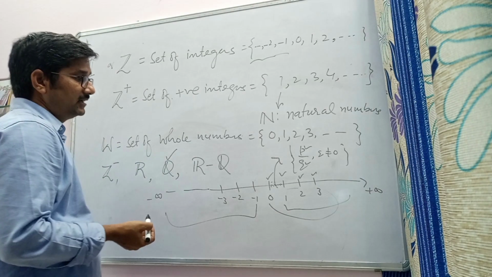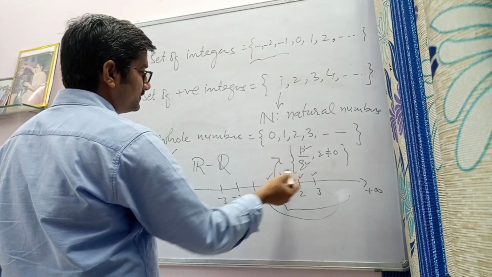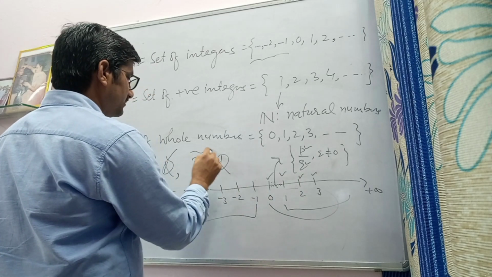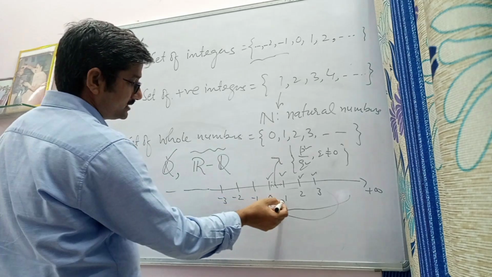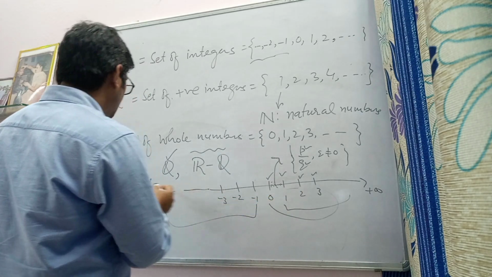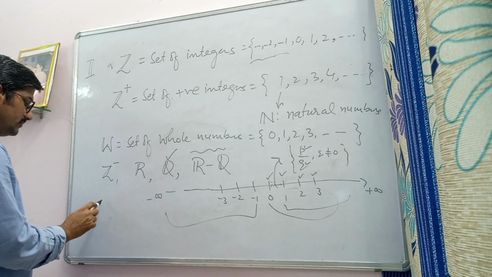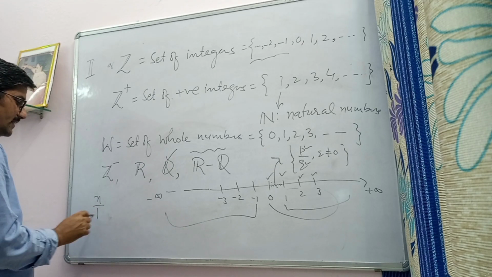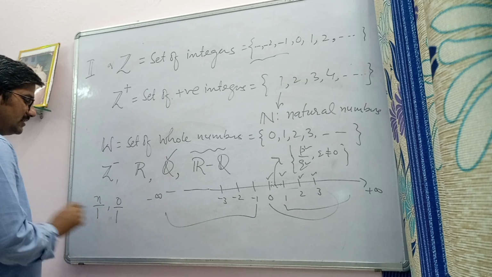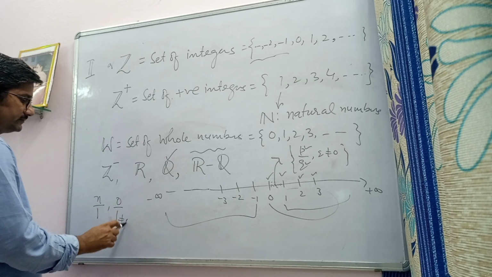The numbers which cannot be represented in this form are the irrational numbers. Integers are also rational numbers, because every integer n can be written as n by 1. 0 can also be written as 0 by 1, because the denominator is non-zero.